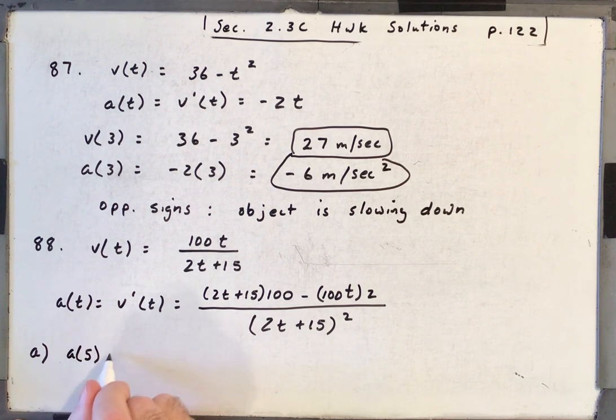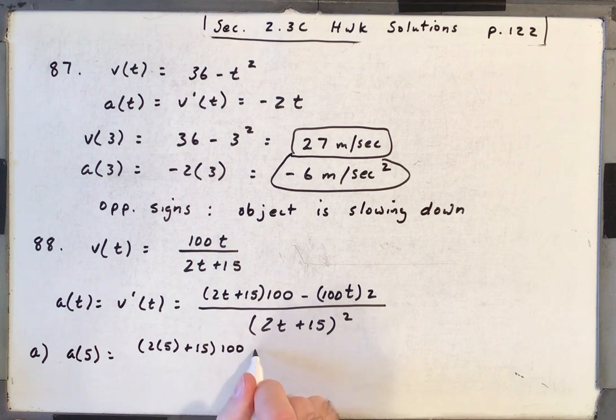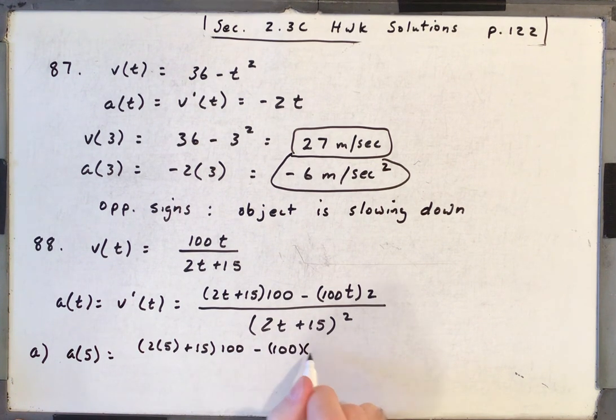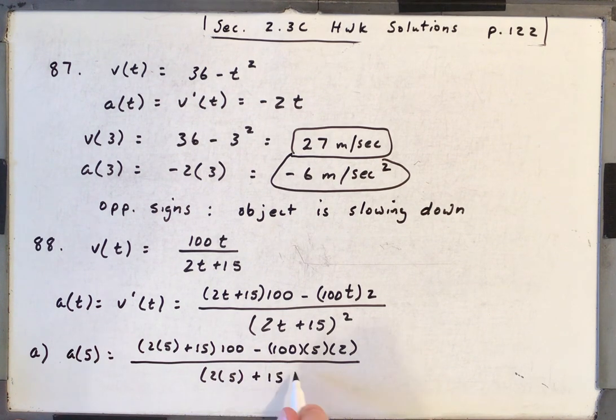So part A is we want to find the acceleration at 5 seconds. So we're going to plug in 5. So that's 2 times 5 plus 15 times 100 minus 100 times 5 times 2, all over 2 times 5 plus 15, all squared.